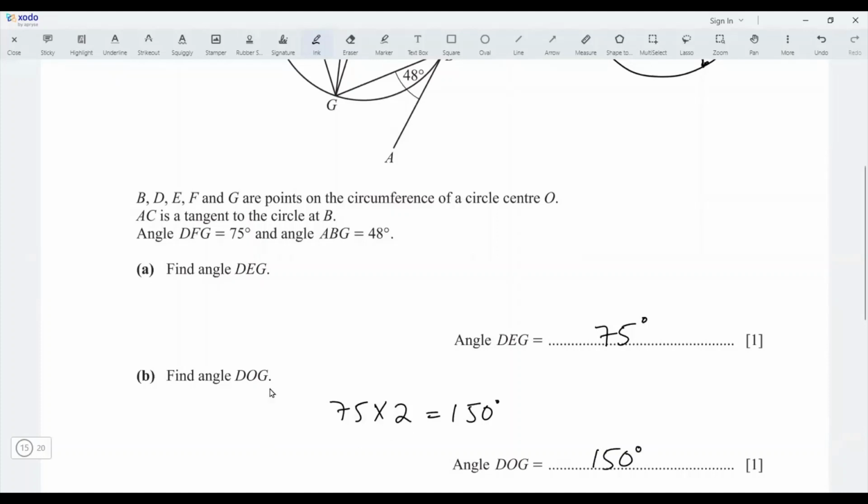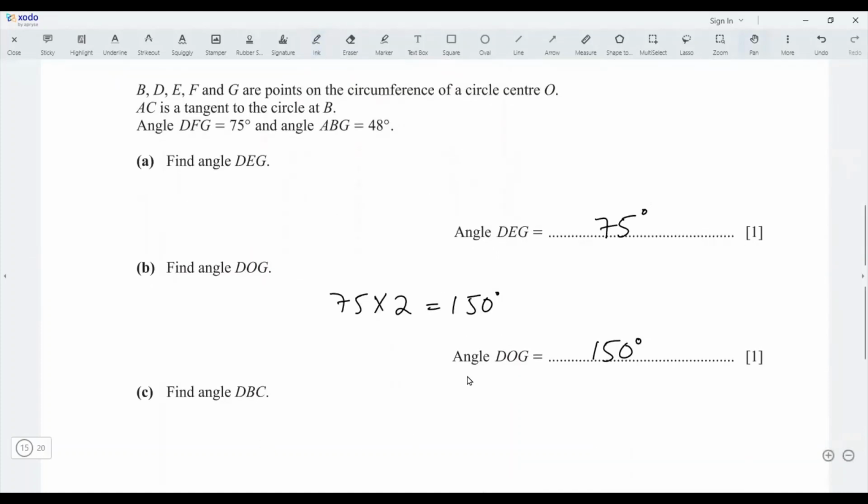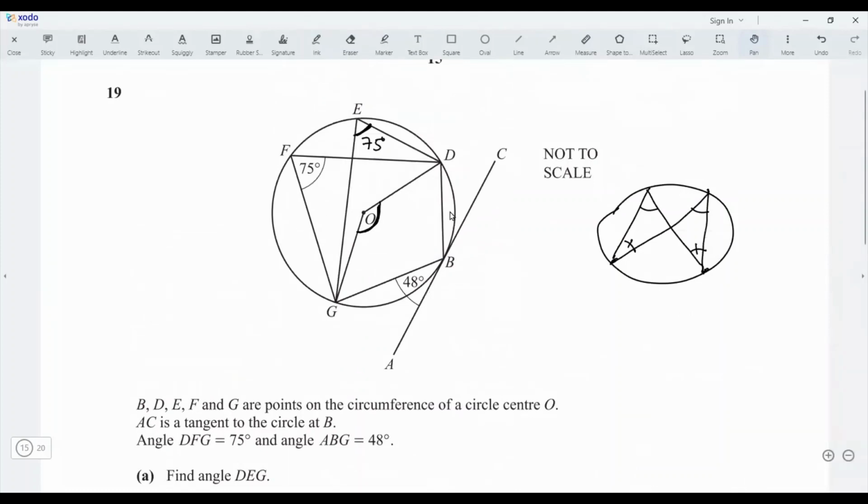So going to the next part, that is DBC, angle DBC. This is the angle we need to calculate. For finding this angle, what needs to be understood is the cyclic quadrilateral.